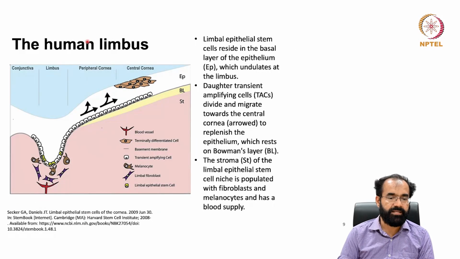Let us quickly see the human limbus. The limbal epithelial stem cells reside in the basal layer of the epithelium, marked as EP, as you can see here, which undulates at the limbus. You can see this portion is called limbus, and conjunctiva is there in the scleral layer, and the cornea is there, peripheral cornea and central cornea, and this is the area we are talking about.